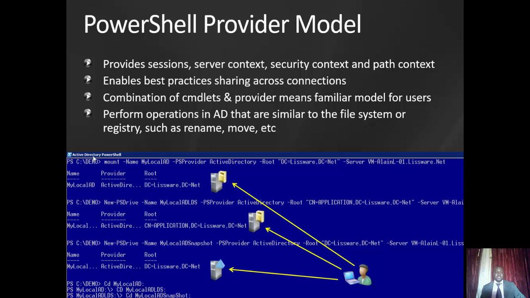In this demo mount, let's check here the name, provider, the root, my local AD DS Active Directory, the DC. This is a view of the Active Directory PowerShell.